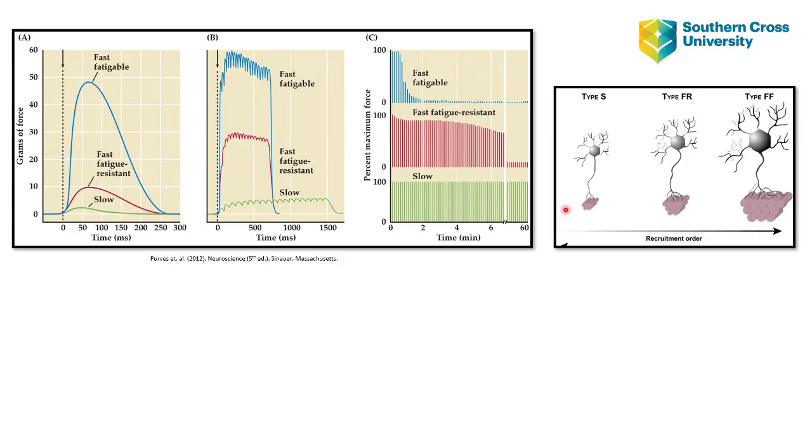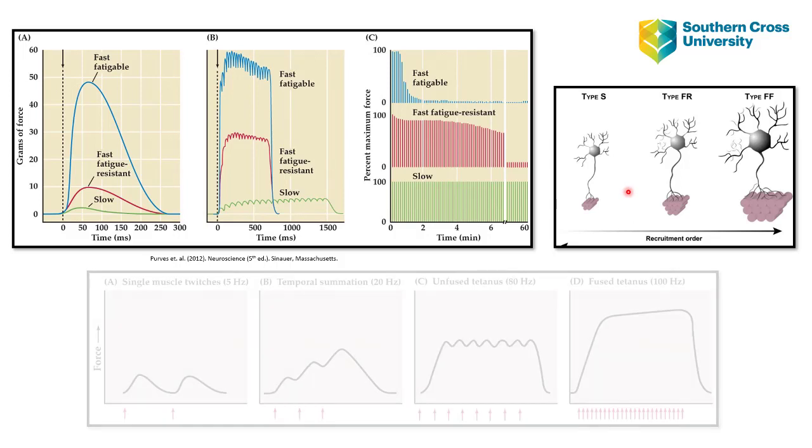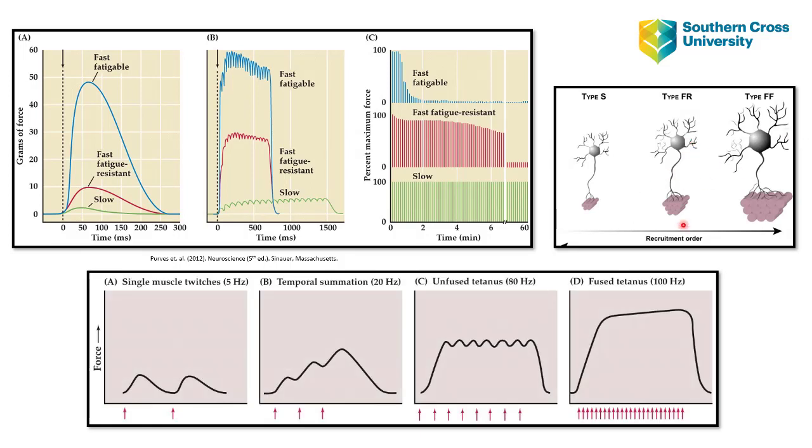And so that recruitment order, or size principle, I should say, and recruitment order according to that size principle, is one component of the control of muscle force and contraction. The other component is the frequency of the action potentials, so the firing frequency of our alpha motor neurons.